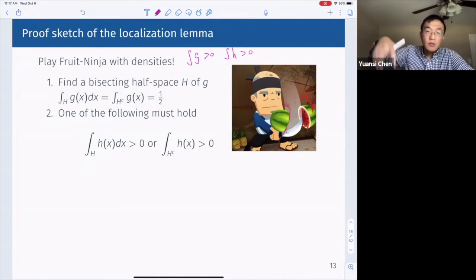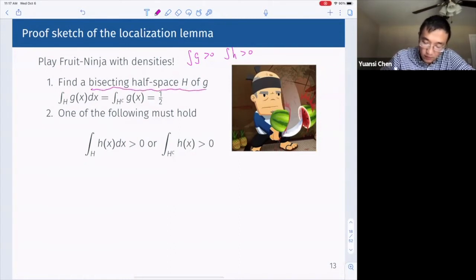So you want to reduce the volume, reduce the space a little bit, until it becomes a needle. Each step you try to find a bisecting half space of G, so that the volume on the half space H and the complement of H is 1/2 of the original volume.